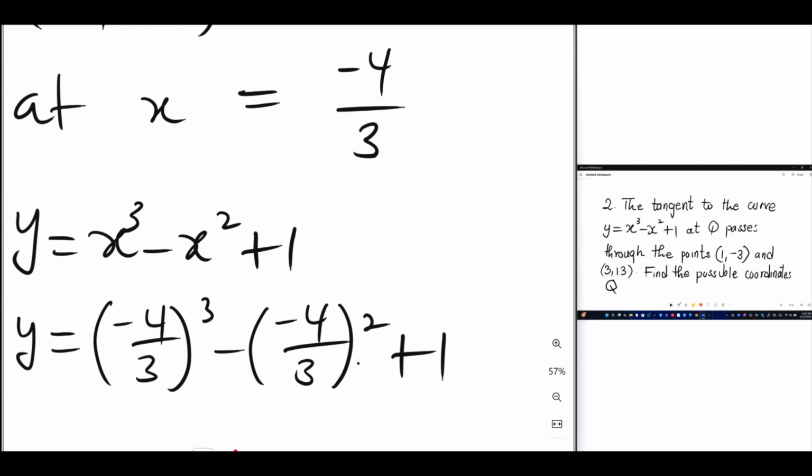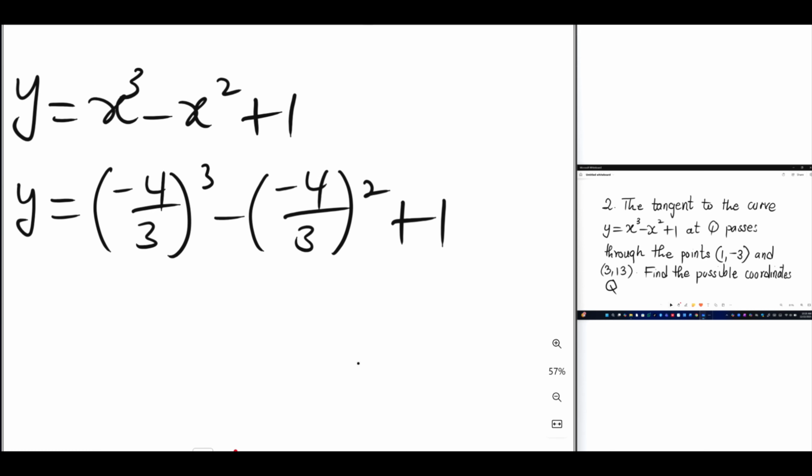Okay. So when we take the first one, we have 4 exponent 3. So let us look at it. 4 exponent 3 means 4 times 4 times 4. So 4 times 4 is 16. So negative 4 times negative 4 is positive 16 times negative 4 again.